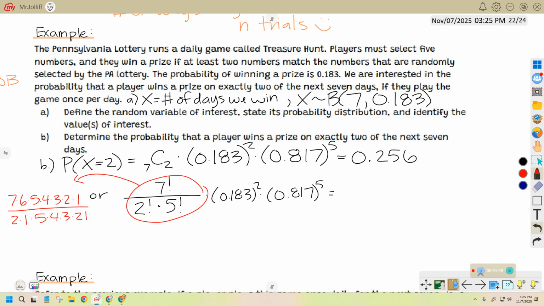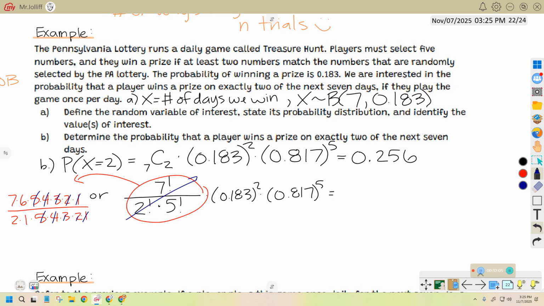I see some stuff in that fraction that cancels. Yep, 5, 4, 3, 2, 1. Generally, the failures or the successes, whichever one's bigger, is going to cancel. What I am left with is 7 times 6 over 2. What is 7 times 6? 42. 42 divided by 2 is 21.